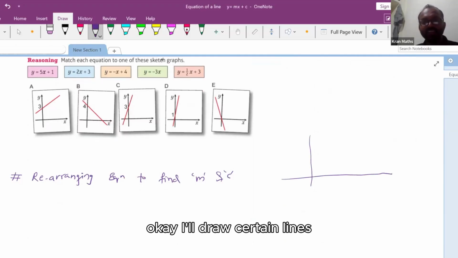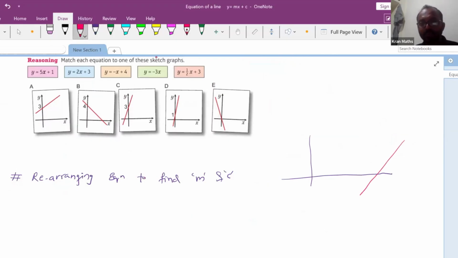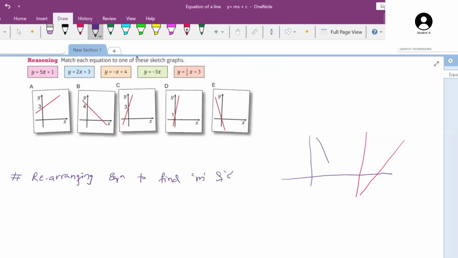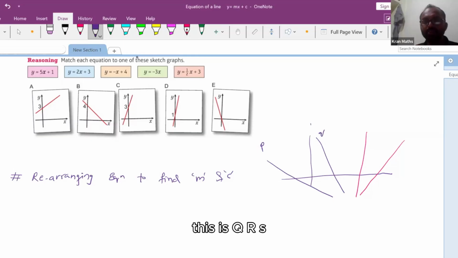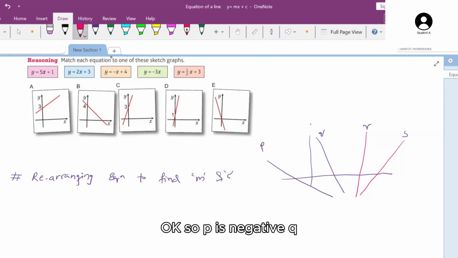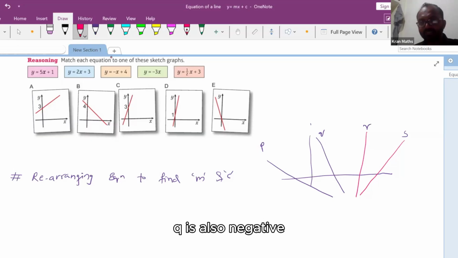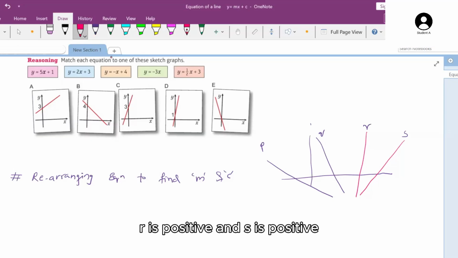Okay, before we do this exercise, you just tell me which one is positive and which one is negative. I'll draw certain lines. P, this is Q, R, S. Okay, so P is negative, Q is also negative, R is positive, and S is positive.